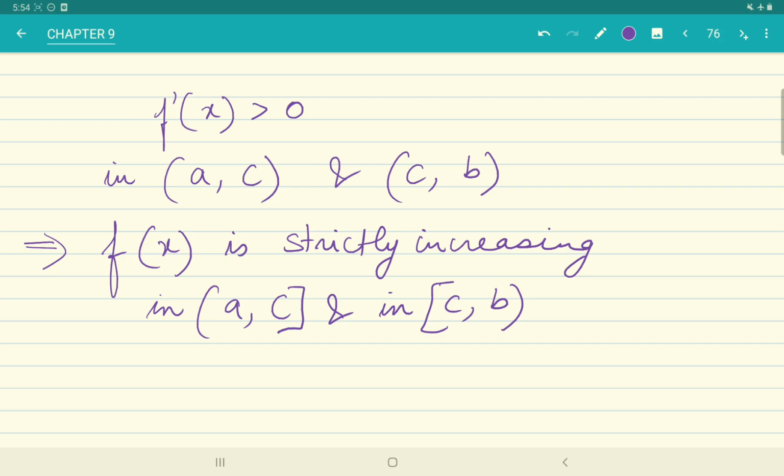What we are trying to understand here is that at any point to the left of c, the function is strictly increasing, and at c I know that the function is stationary, or the tangent to the graph of that function is parallel to the x-axis. That just means that even if I include c, the function is strictly increasing in this case.